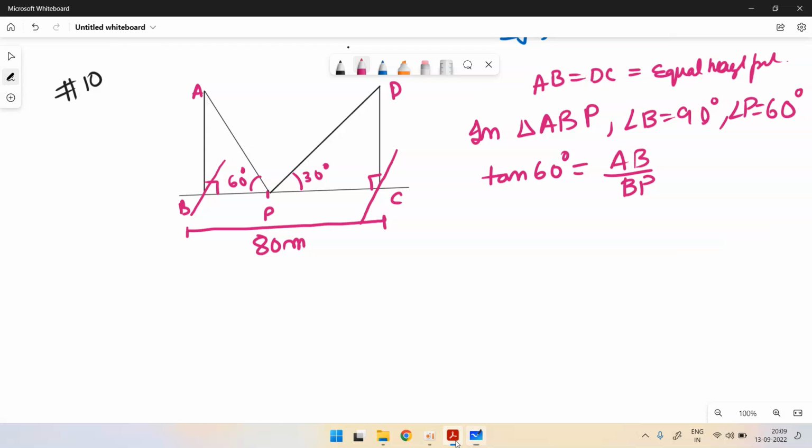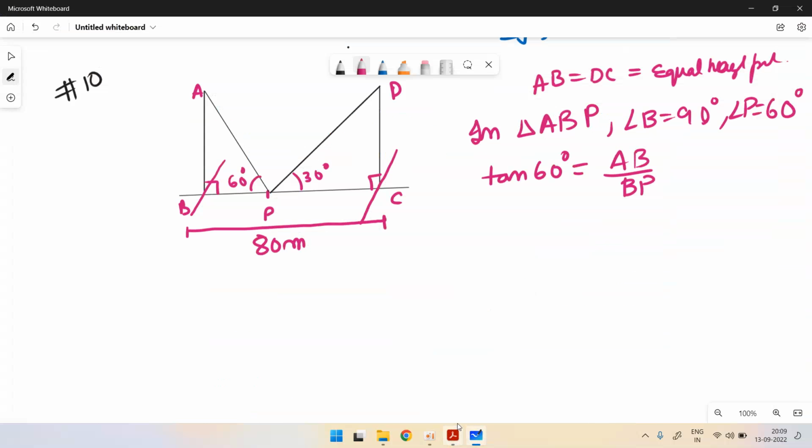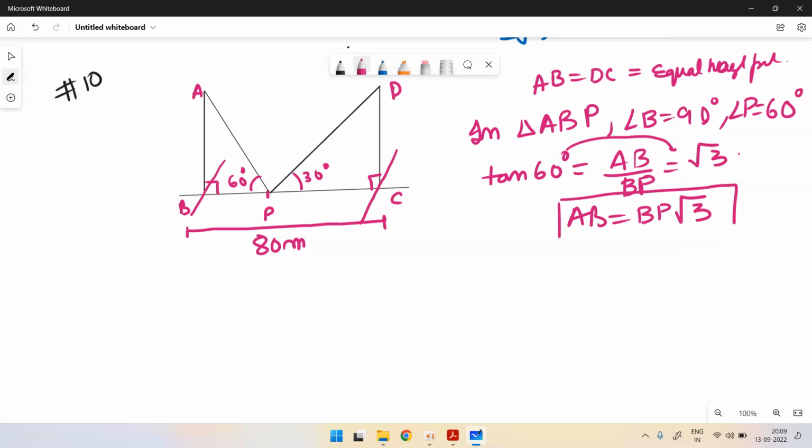What you need to find is the height of the poles and the distance of the point. You know that tan 60 degrees is root 3. It implies that AB equals BP root 3. Taking this to be my first equation.